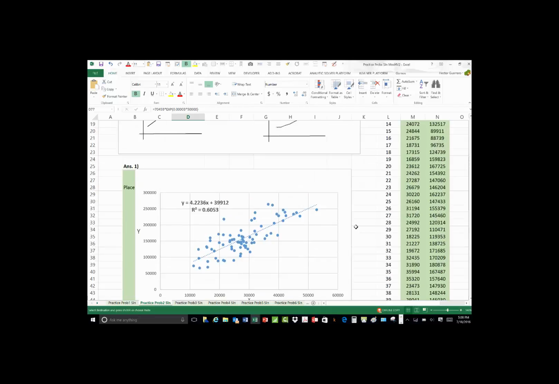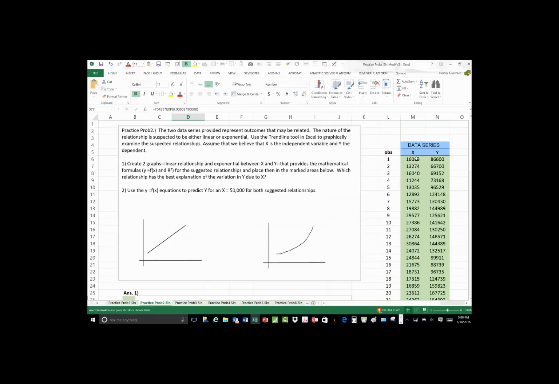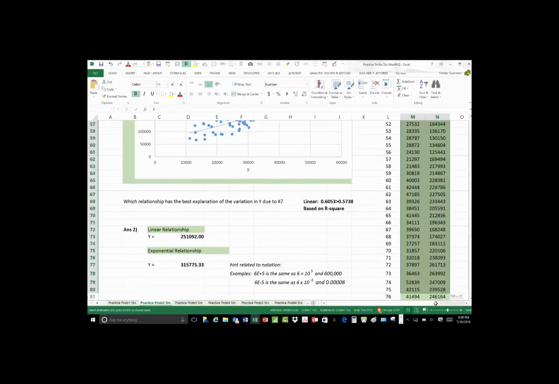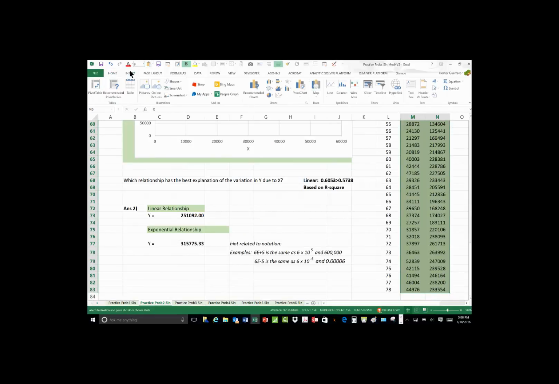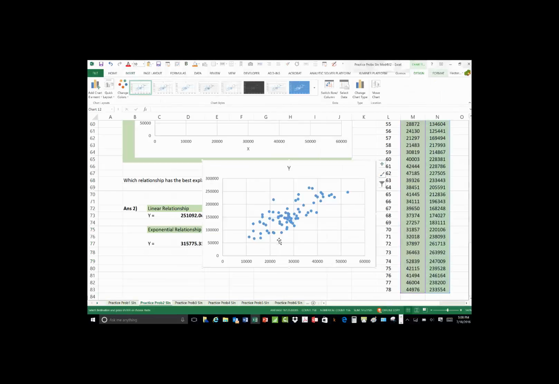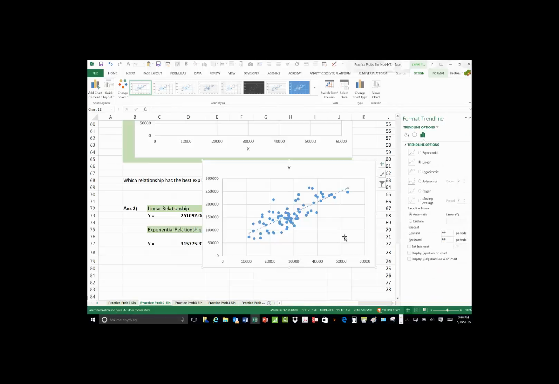So how do we get these graphs? Well, let's go over here, grab our data. We're going to go to Insert, and we're going to find a scatter diagram. So here's our scatter diagram. I can right-click on the scatter diagram, which brings down a menu that says Add Trendline. It gives me an area for information for the trendline.